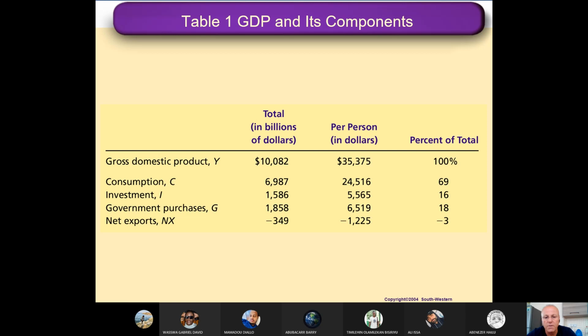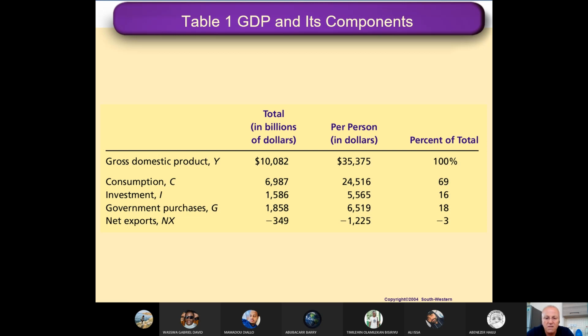Per person, per capita, is really very high, and consumption is supposed to be 24,506, and investment 5,565, governmental purchase is 6,519, and net export is again minus 1,225.